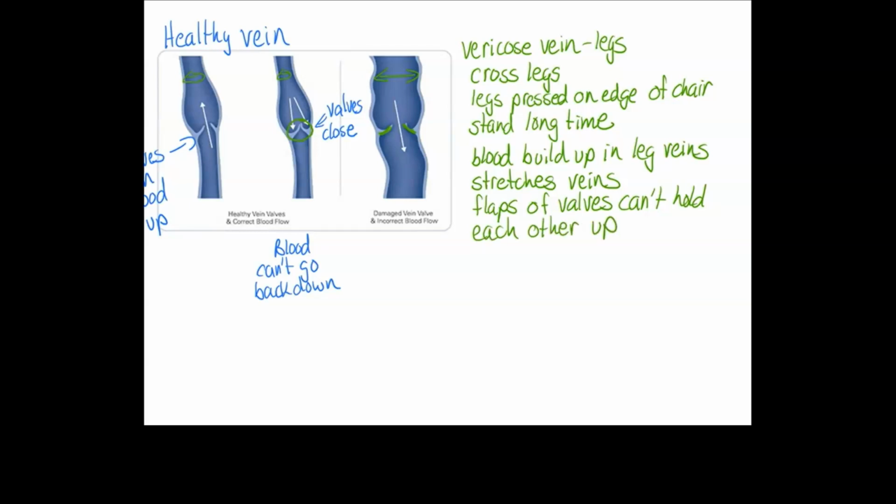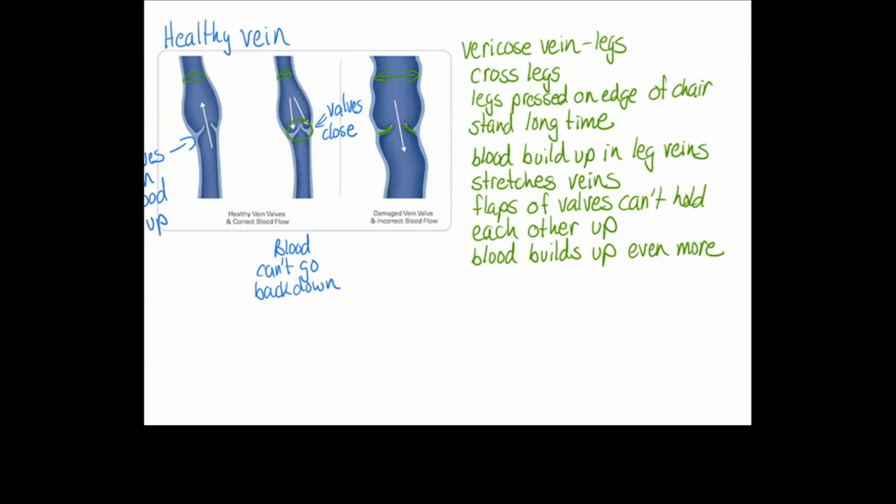So now the valve can't close. You can't keep blood moving toward the heart. So now, because you've stretched out the vein, blood builds up even more. And this is how you get varicose veins.